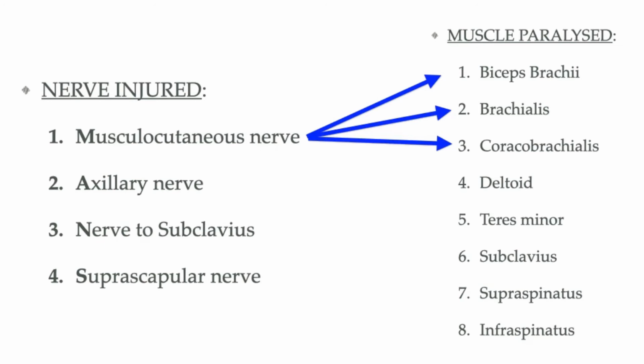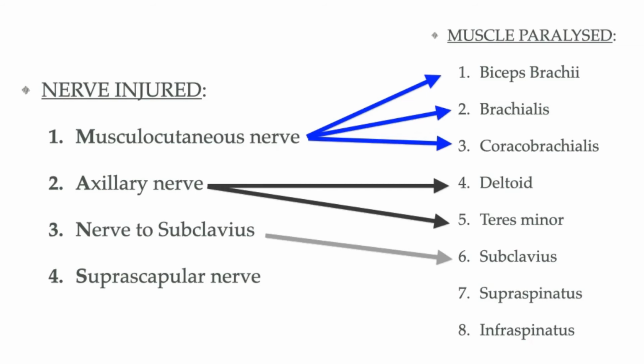The muscles innervated by axillary nerve which get paralyzed are deltoid and teres minor. Nerve to subclavius innervates subclavius muscle which gets paralyzed. Suprascapular nerve innervates supraspinatus and infraspinatus. So total 8 muscles get paralyzed and 4 nerves are affected in the condition called as Erb's Duchenne paralysis.